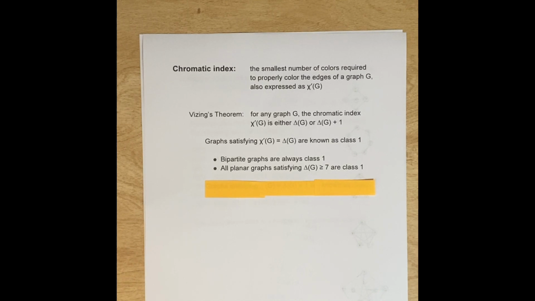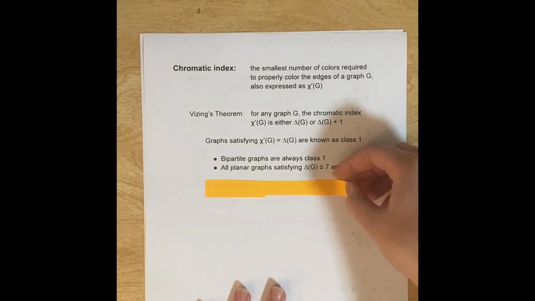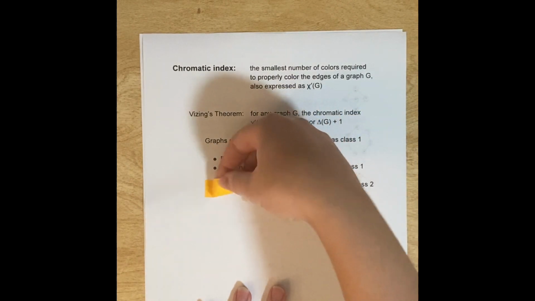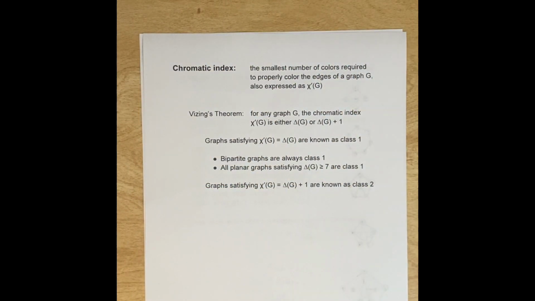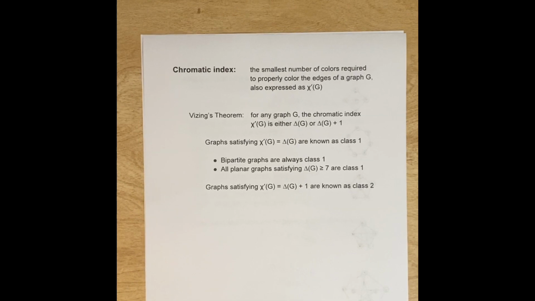This does not mean that other graphs cannot be included in class 1, but these are ones that are always included. And then graphs satisfying the chromatic index equal to the largest degree of any one vertex plus 1 are known as class 2.